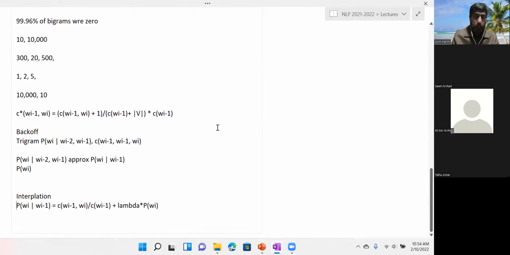And of course, this P of Wi, as you know, can be estimated simply by C of Wi divided by N. N, of course, is the total number of words in the corpus.